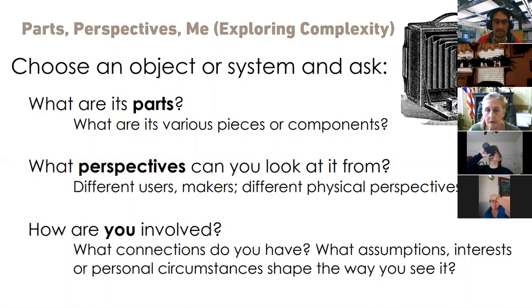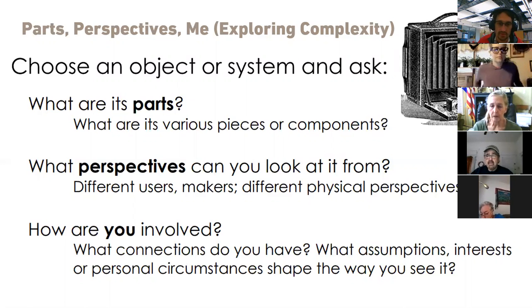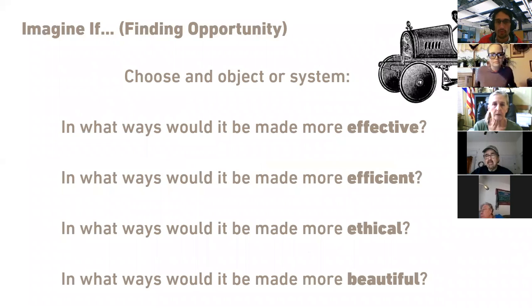It's all the perspectives, and so now we're thinking about who uses this, who made it, who was involved in the design of this, who's involved in the effects of this, and then getting personal, how are you involved? So that is one for exploring complexity, and we are going to move into the final one, which is finding opportunity. And so how could we make the laptop more effective?